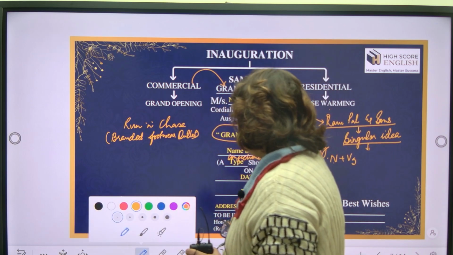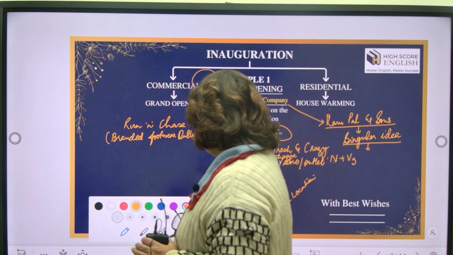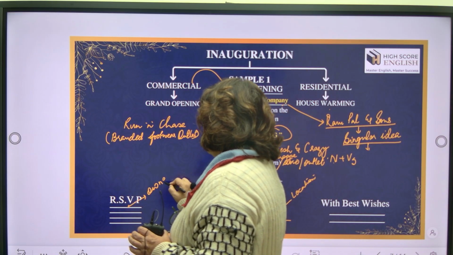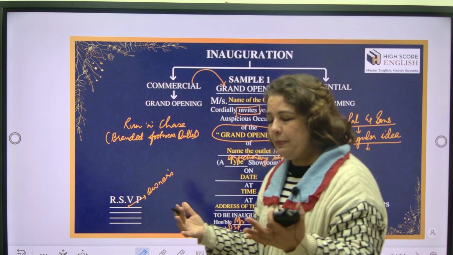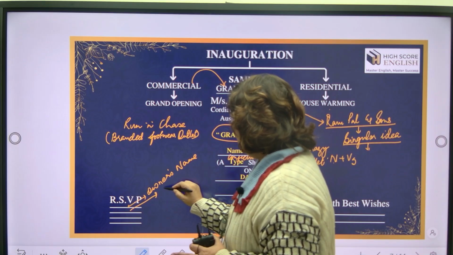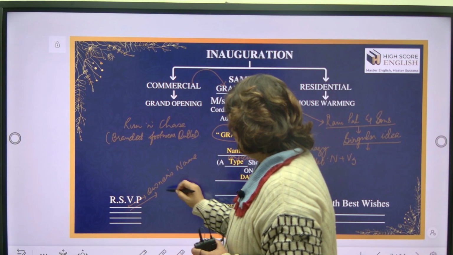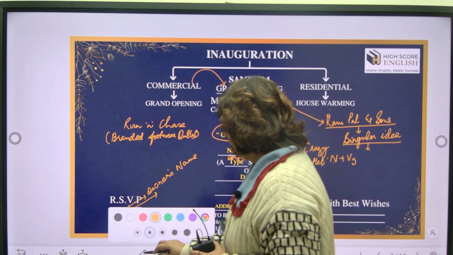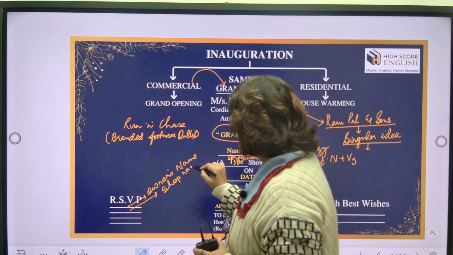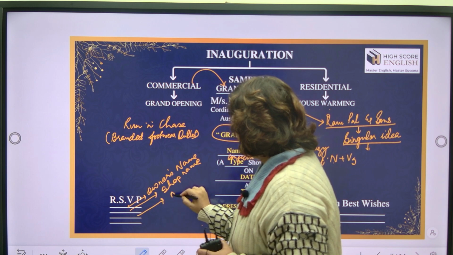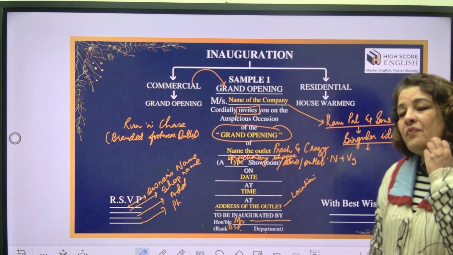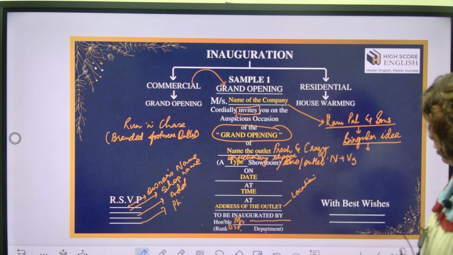Slightly, you have to pay attention to the RSVP part. In the RSVP you have to write the owner's name, or any person's name, the owner's name. Then the second line, shop name, third line, address and phone. Clear? This is what you have to do in the inauguration part.